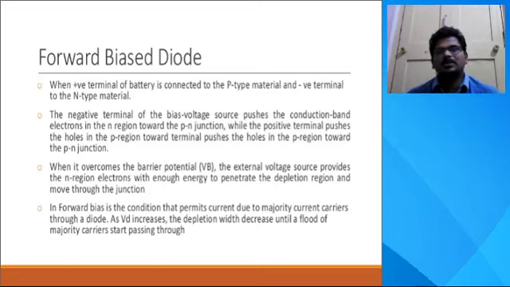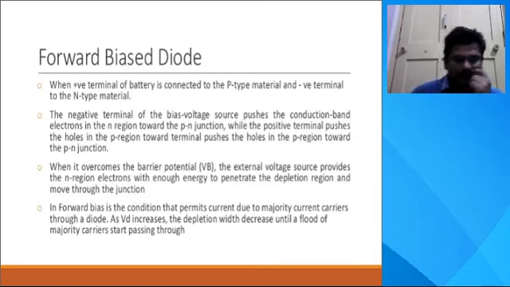It means that how much energy an electron requires to move from the valency band to the conduction band depends upon the energy gap between the valency band and the conduction band. Those things we already discussed in our semiconductor physics.